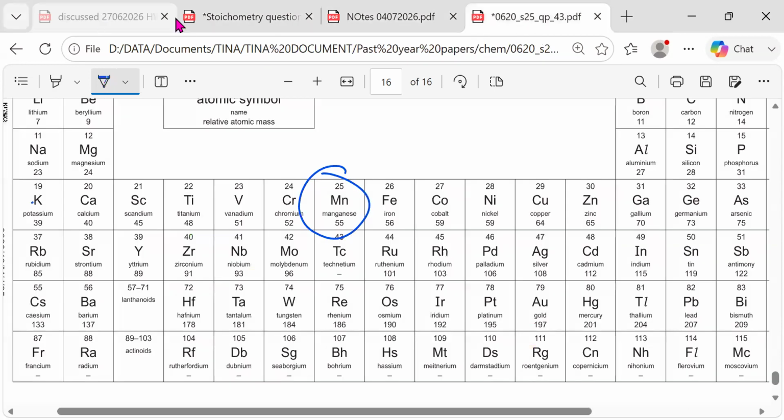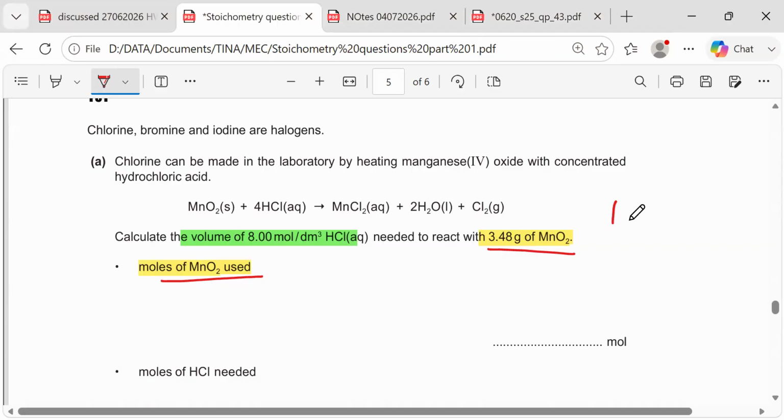So the molar mass of MnO2 is 55 plus 16 times 2. 87. Okay. So mass over molar mass gives the amount of moles.